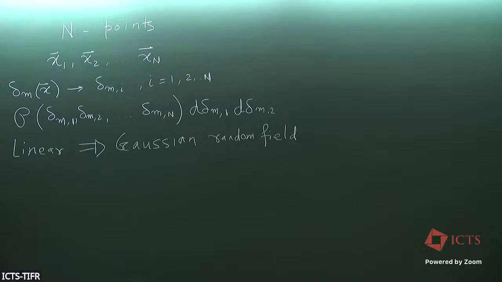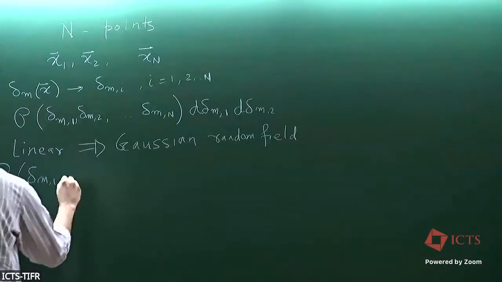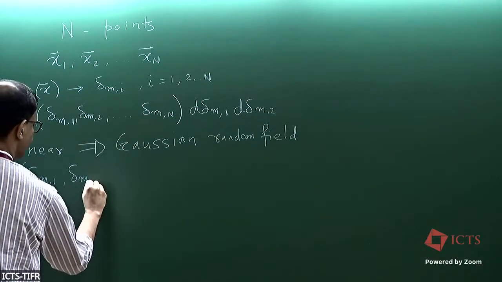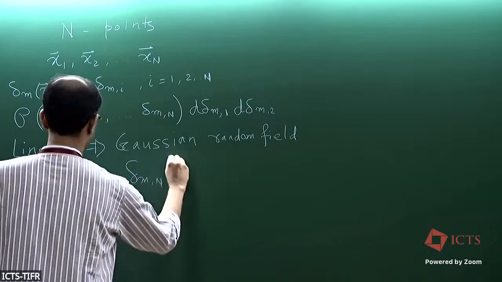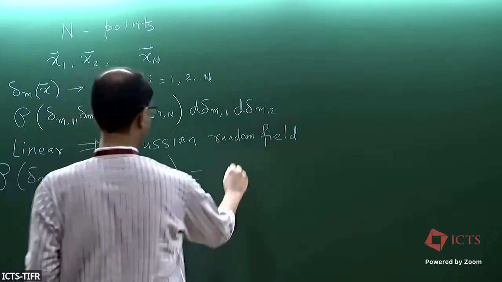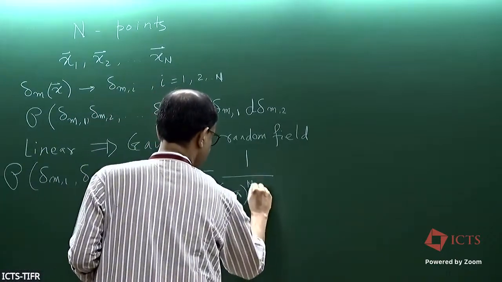But remember, this is a joint probability distribution, so you have to generalize the variance appropriately. So essentially, this joint distribution is described by, so I'm just writing it fully.